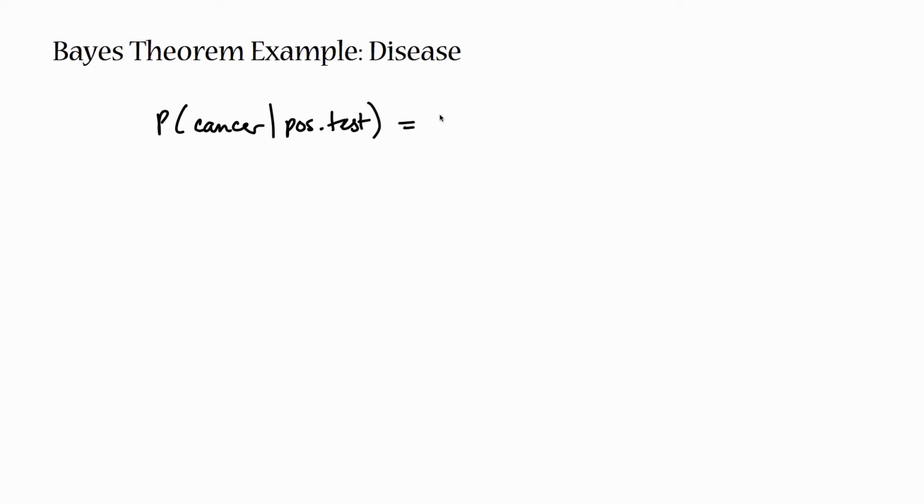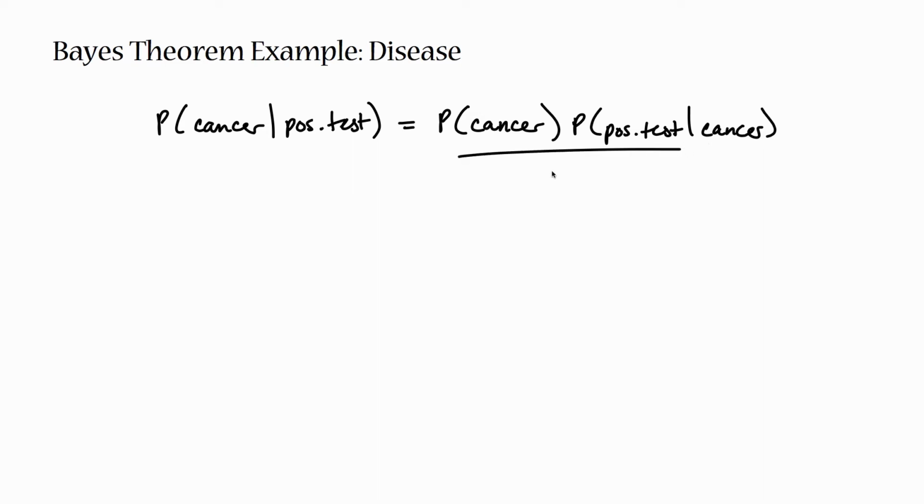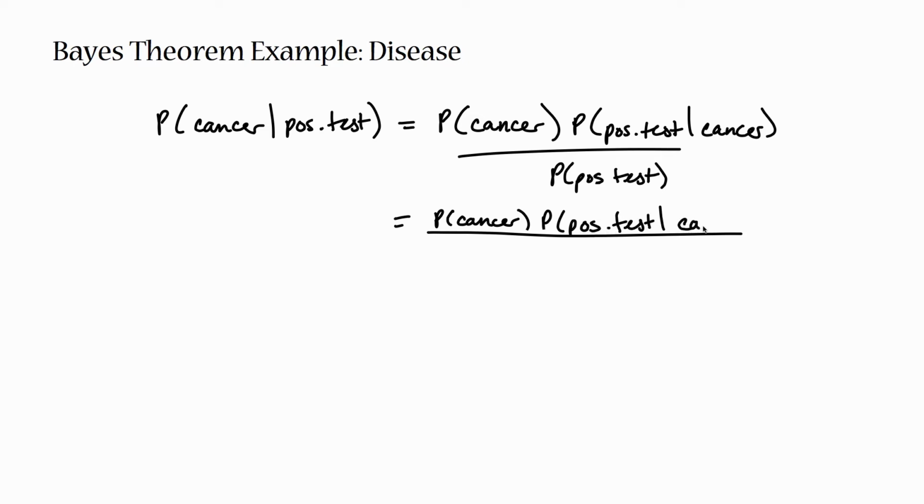So we'd say it's the unconditional probability of having cancer, the rate of cancer in the wild, times the probability of a positive test given that you have cancer, all divided by the probability of a positive test. Well, what's the probability of a positive test? Then we can invoke something called the law of total probability.